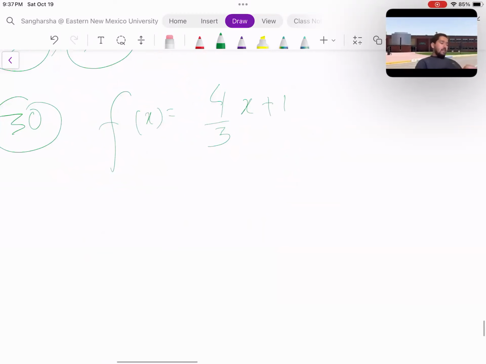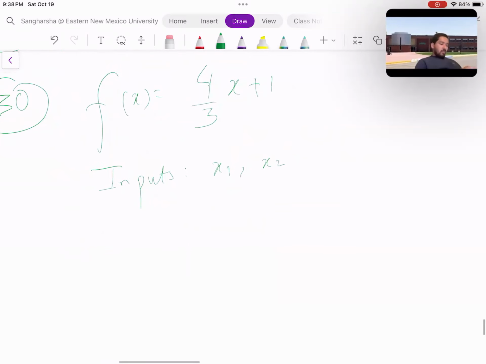And for that, you're going to pick any two different inputs. Let me call my inputs x1, x2. You can say A, B, or P, Q. So the very first step is that you choose your two different inputs.